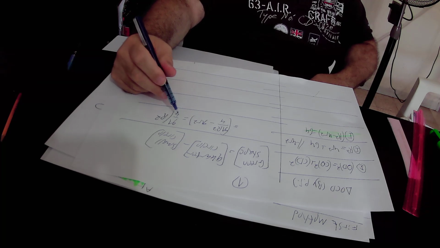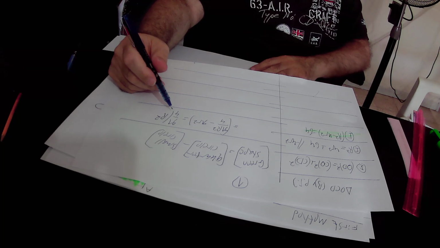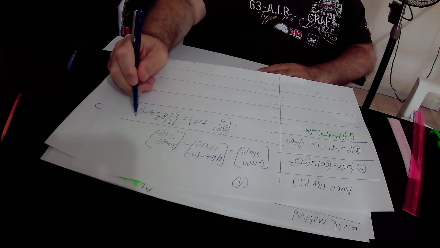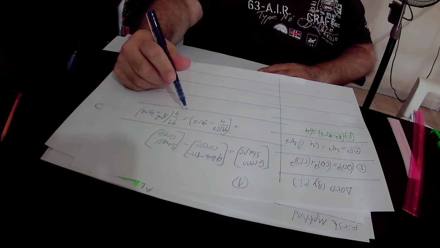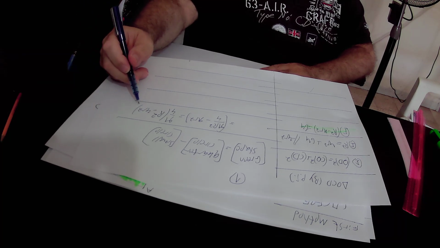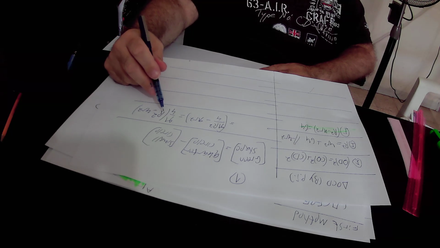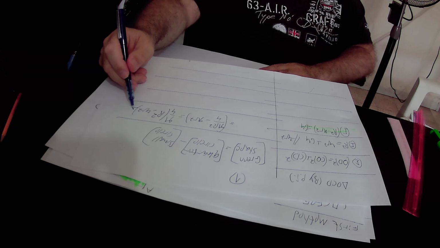And what is left from minus pi R squared is minus 4R squared. Why? Because minus 4R squared times pi over 4 is exactly minus pi R squared. So the area of the ring shape equals pi over 4 times capital R squared minus 4R squared.